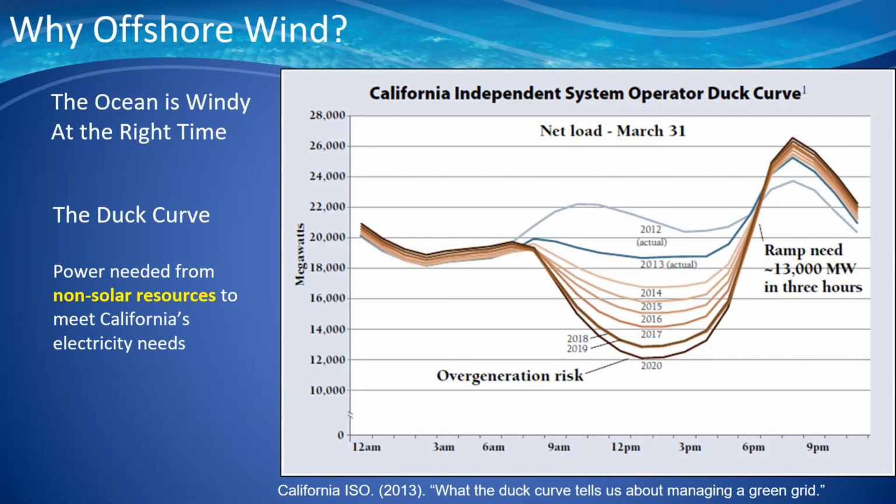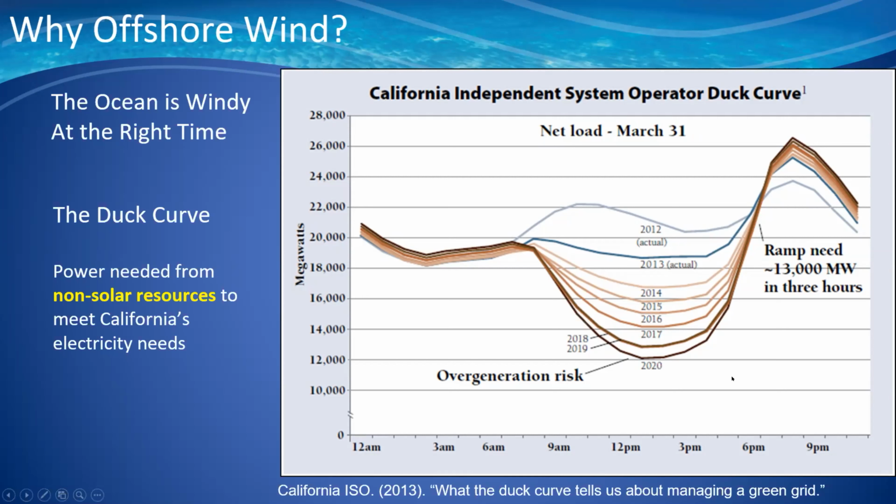And as California has done an excellent job and continues to promote solar, it's a great resource, but it does cause some issues. Each year, as more and more solar comes online, it's wonderful. At the middle of the day, when solar is at its max, it's lowering how much other electricity resources are needed.